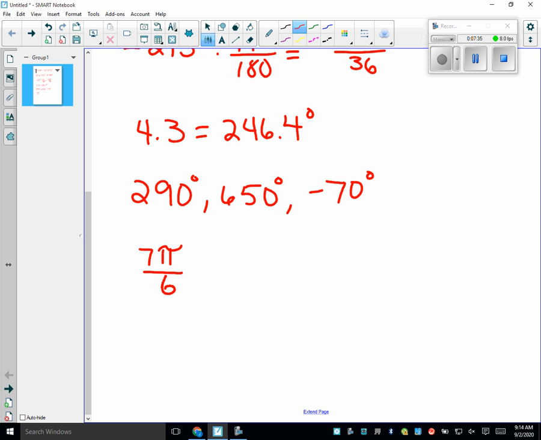A positive coterminal angle. What do I add this time, Lily? 2 pi. Very good.